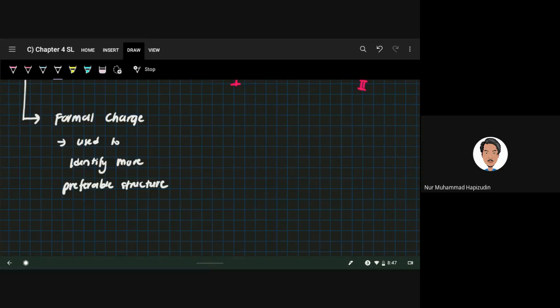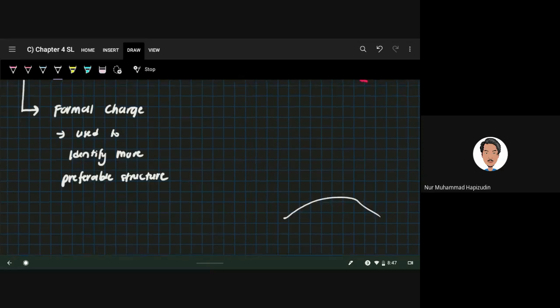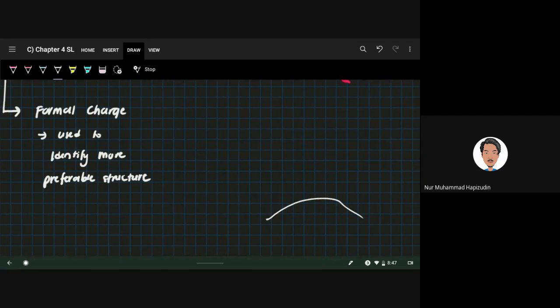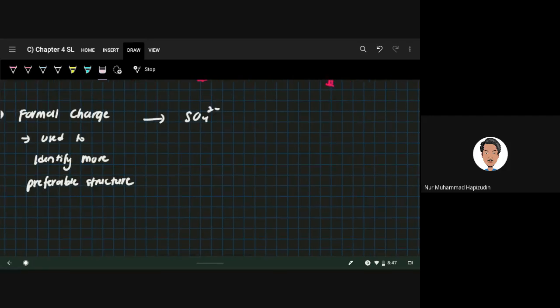Resonance. Okay, formal charge. Example 1 is sulfate ion. Okay, draw the Lewis structure for sulfate ion.